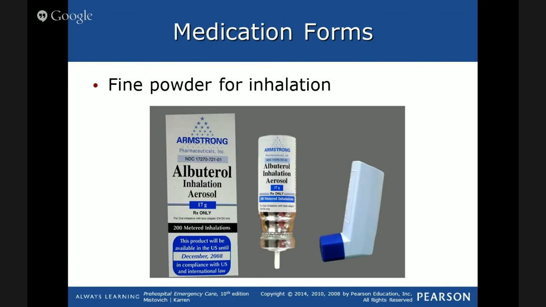So we talked about albuterol a minute ago. We thought it was a suspension. It is actually a fine powder for inhalation. Inside that aerosolized little puff of air is actually a powder. That's why we have to shake it before we give it. It's very microscopic, very small, but the albuterol is actually a powder that then gets aerosolized via air and inhaled.